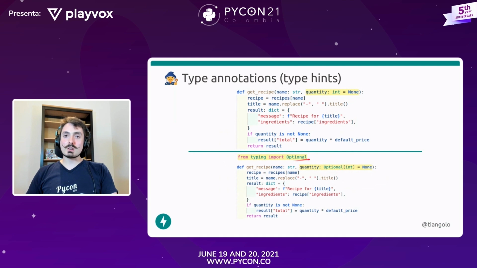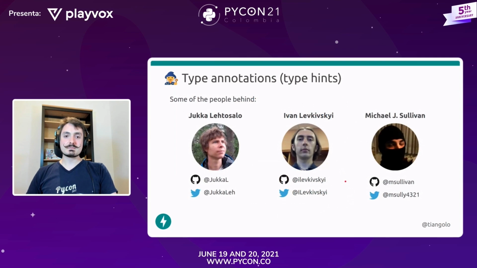So from typing, we import Optional, and we say, hey, this quantity will be an optional integer. And that's the most formal and structured way to declare that this quantity will be an integer or None. And that way the editor can help us a bunch with all these particular caveats.